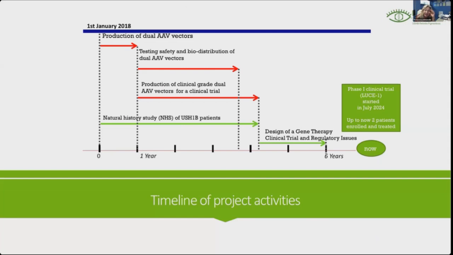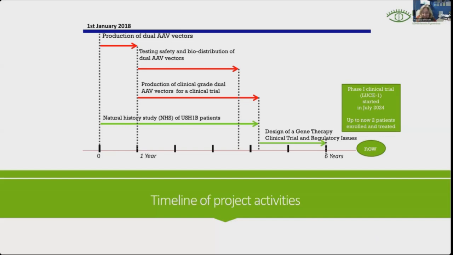The preclinical part included production of dual AAV vectors, testing the safety and biodistribution of dual AAV vectors, production of clinical grade dual AAV vectors for a clinical trial, and at the same time we performed a natural history study of Usher patients.